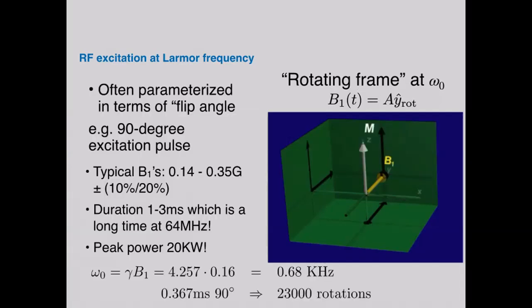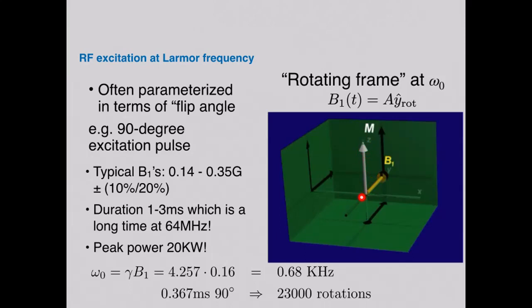Well, if you think about it, the magnetization again precesses. Just imagine that the magnetization is pointing in this direction, and you have a B1 field in the rotating frame. This is stationary, right?